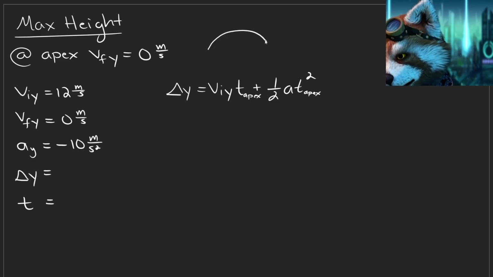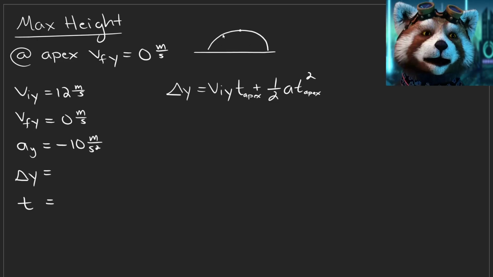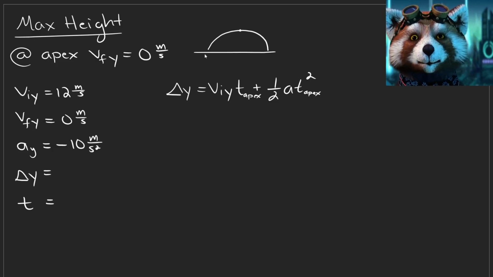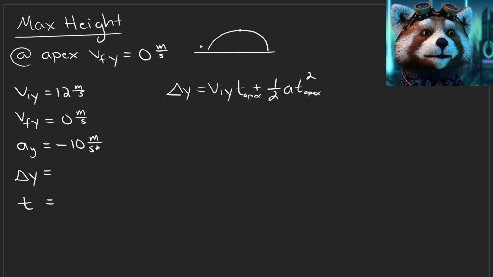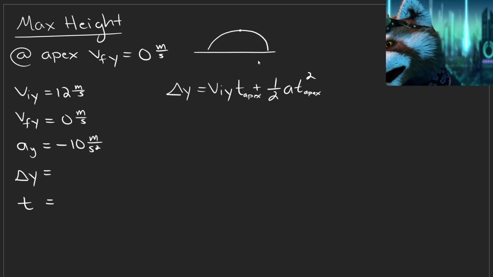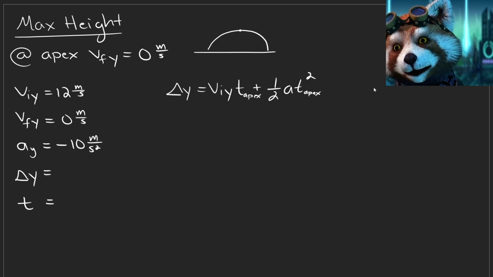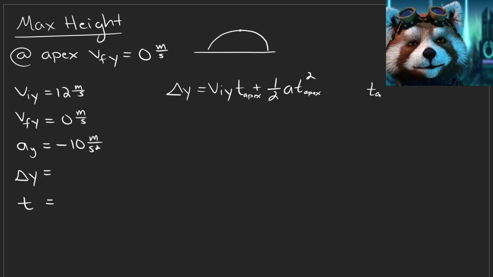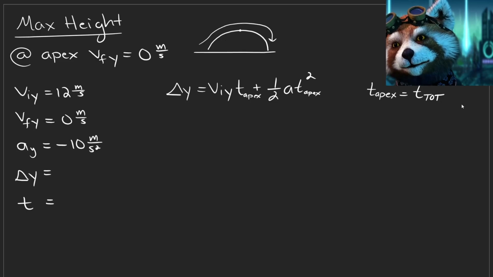So we can exploit our symmetry here. The left-hand side of the motion, the object going up, is going to spend the same amount of time going up as it does going down. So we can say that the time to the apex is equal to the total time that it took to make this motion, divided by 2.